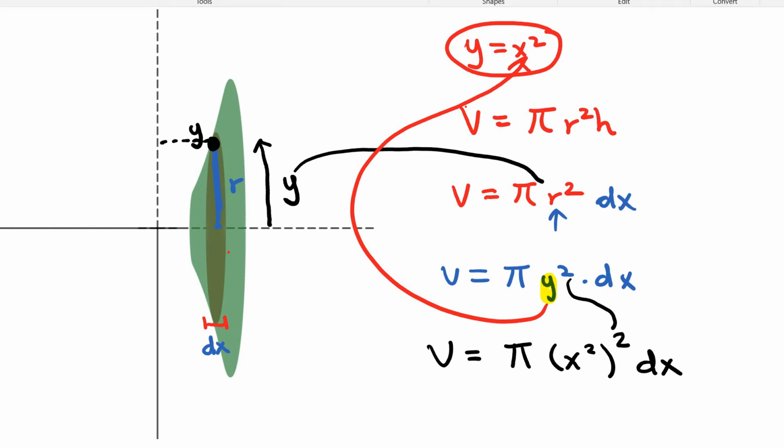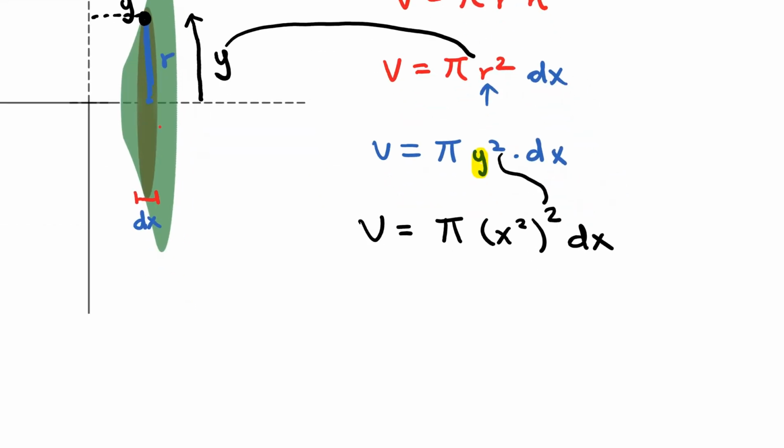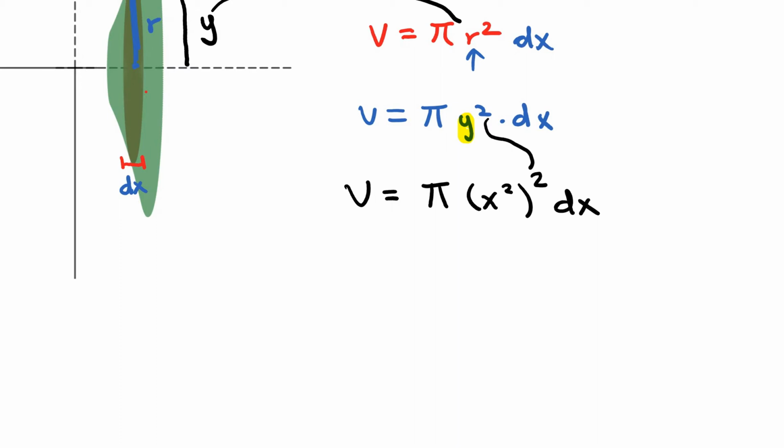Okay, so that is the volume expression for one disk. And if I simplify this, 2 times 2 is 4, so that's x to the power of 4 times dx, and then there's a pi right here. So that's the volume expression for one disk.